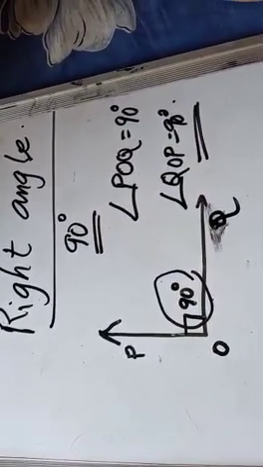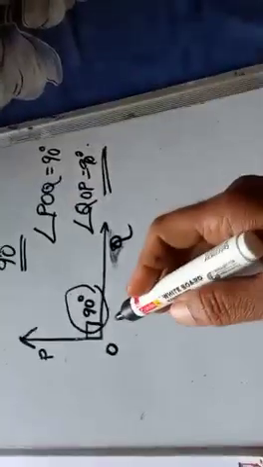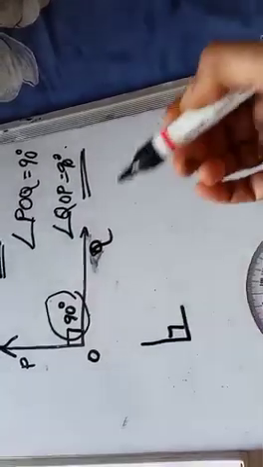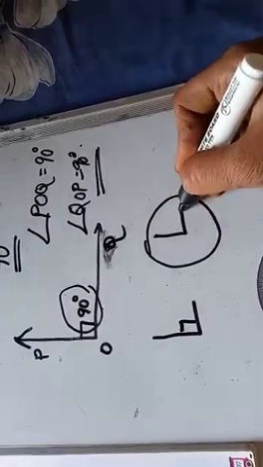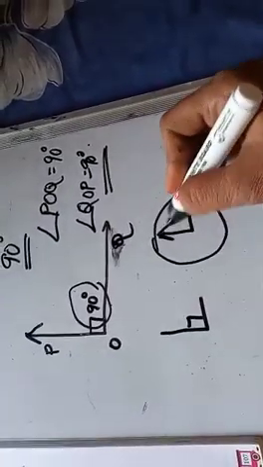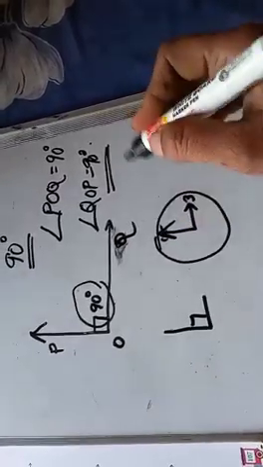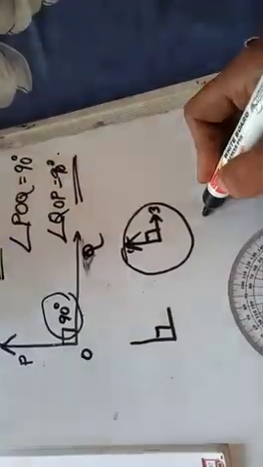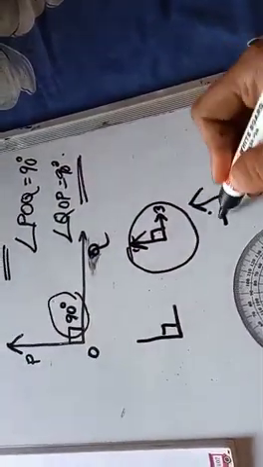So, how can you say an angle is a right angle? Now I will show this picture. If you see L, here the angle is 90 degrees. In the clock, when the time is 3 o'clock, the angle between 12 and the other hand is 90 degrees. When it is 9 o'clock, then the hands will be like this.